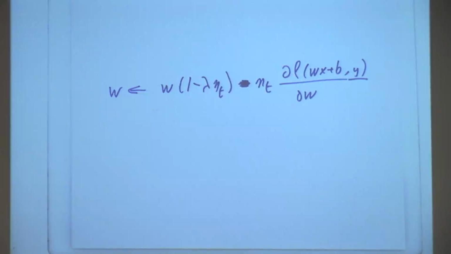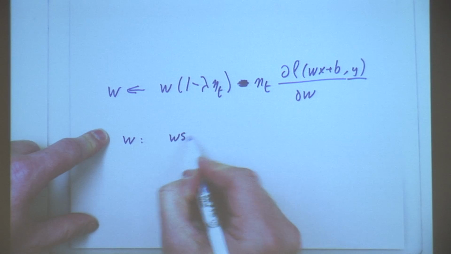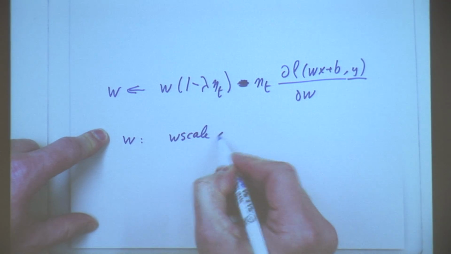So in the code, there is a little trick. The little trick is that we want to use sparsity. So the W vector is, in fact, represented as a scalar times a vector.